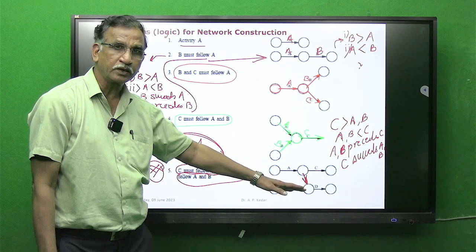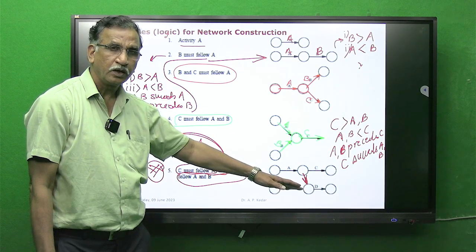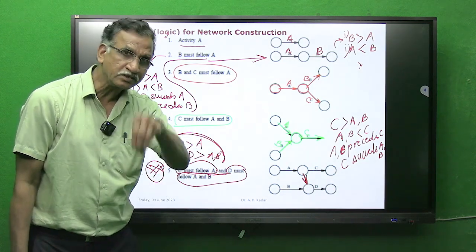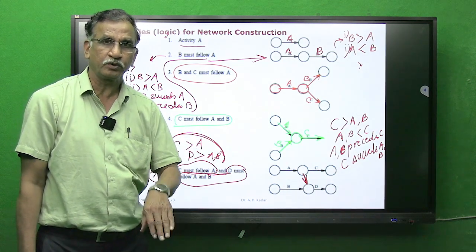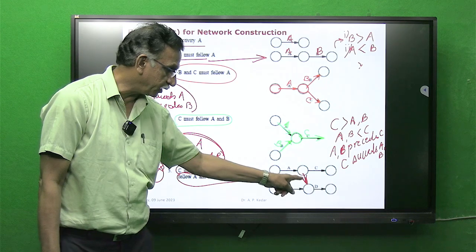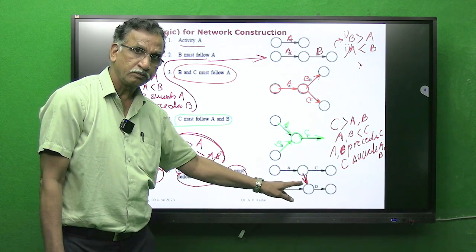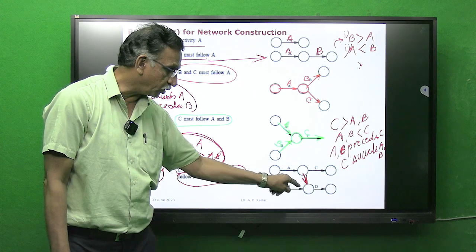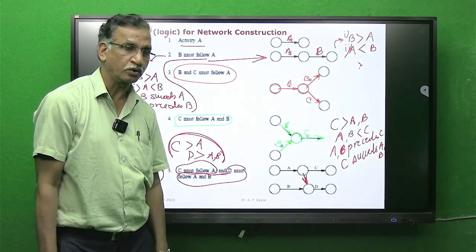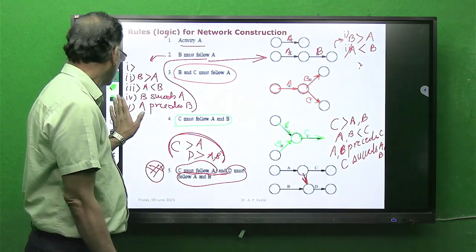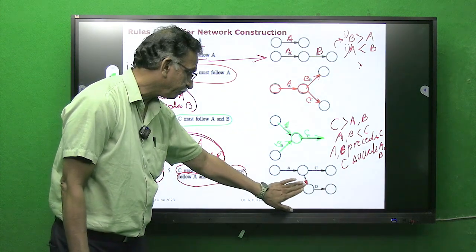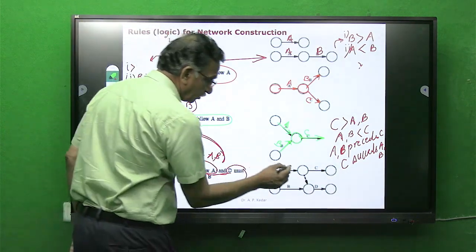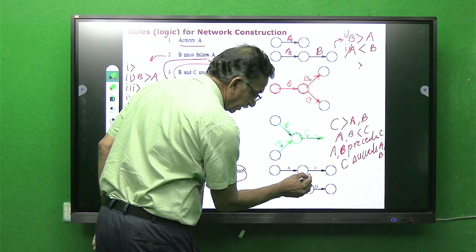Where will you get time for this activity? How will you name this activity? You are unnecessarily creating a problem by joining this A and this node by a solid arrow. That is wrong. What you have to do is draw it only dotted. It means this is now a dummy.